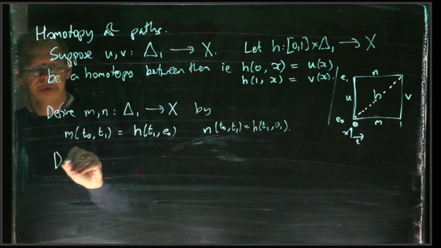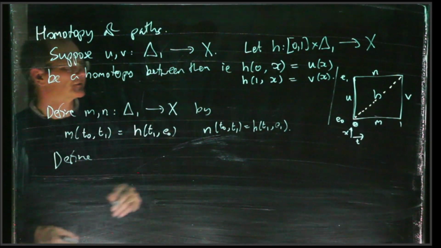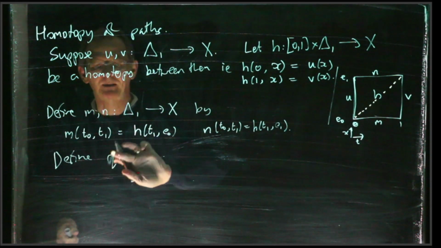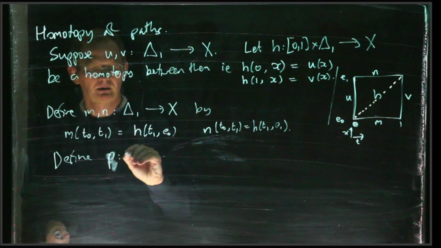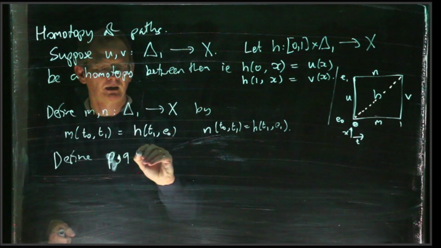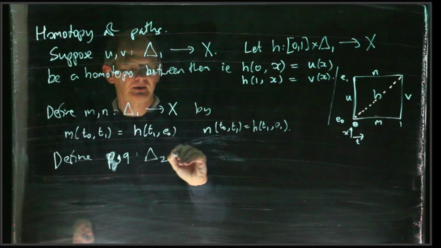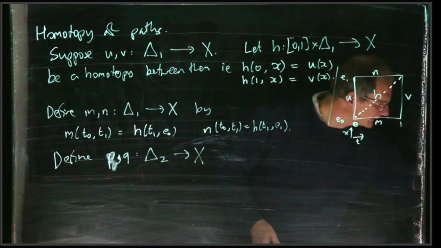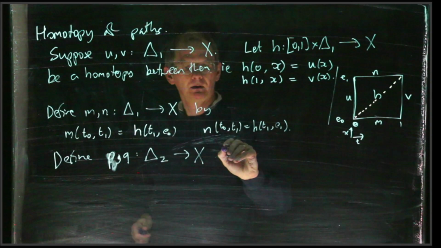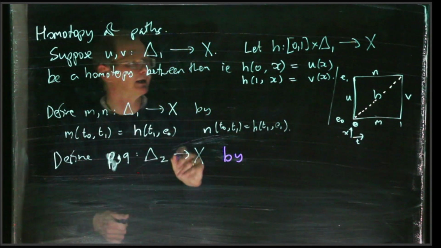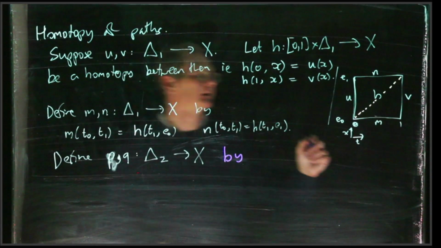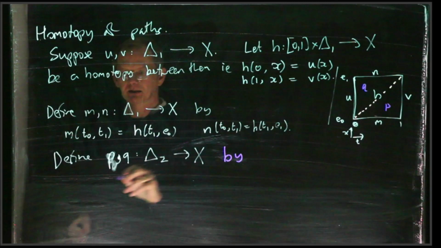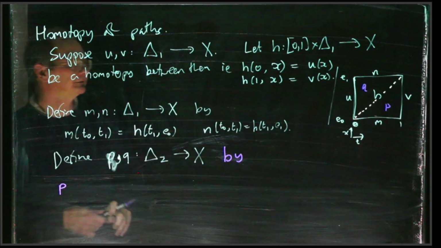Let's define two maps, so let's call them P and Q, from delta 2 to X. Let's say P is the bottom half, and Q is going to be the top half.